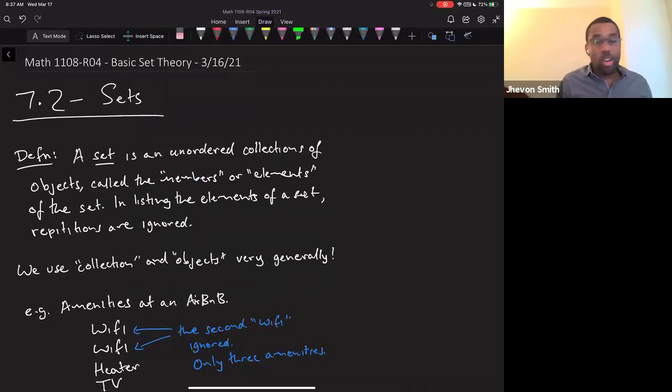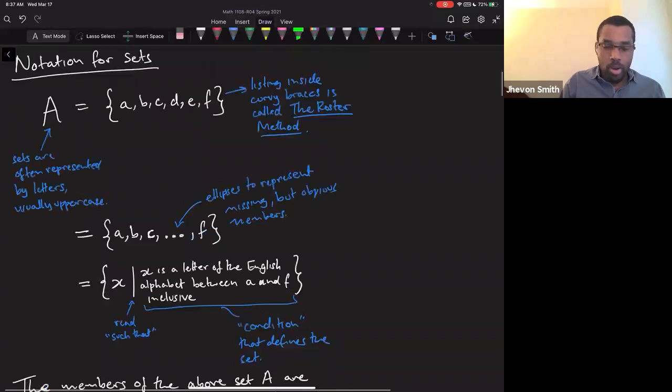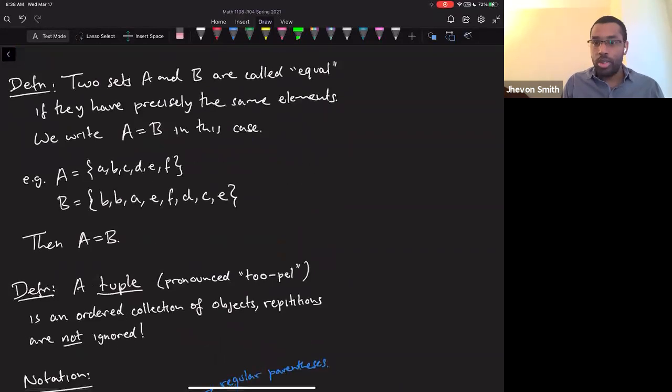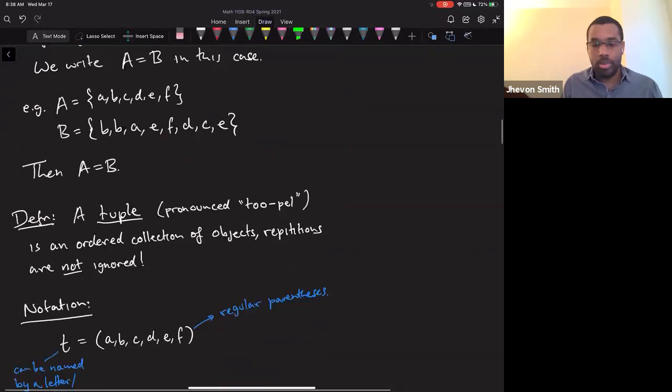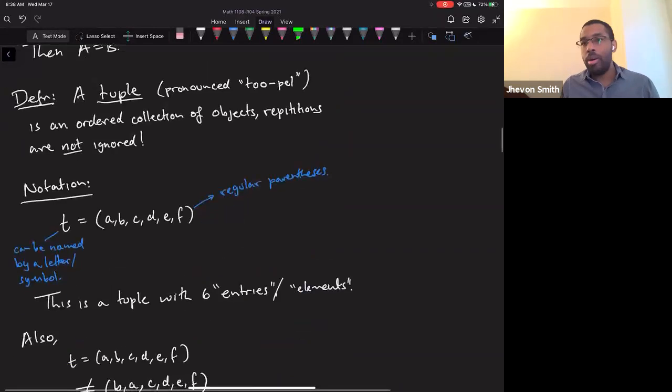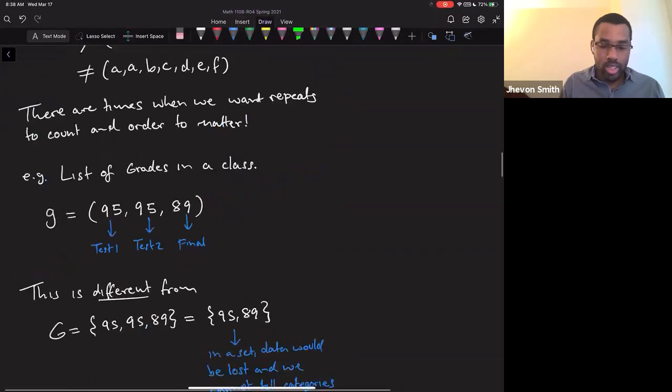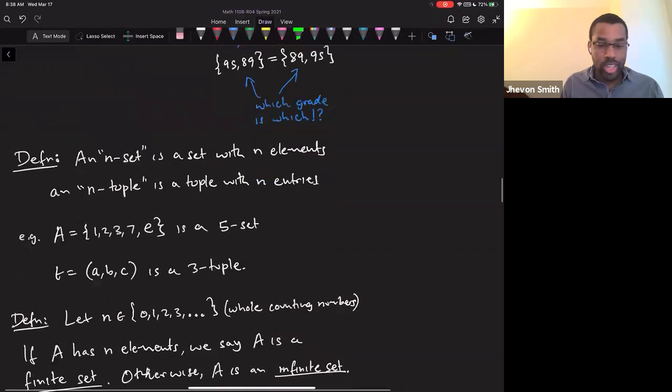These were unordered collections of objects where repetitions are ignored. We saw the notation for how we can write them down. We know what it is for two sets to be equal, determined by their members. Every now and then we want to care about things like order and repetition, and so we can invent this new thing called tuples. We'll see where the difference between these two comes up in later sections.